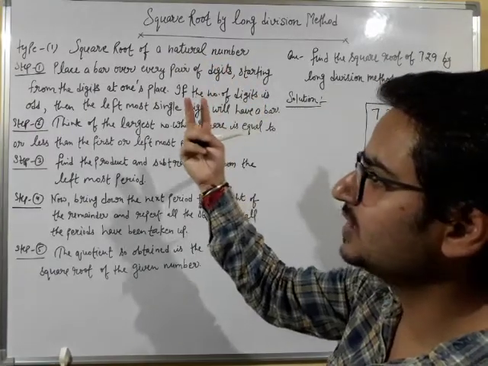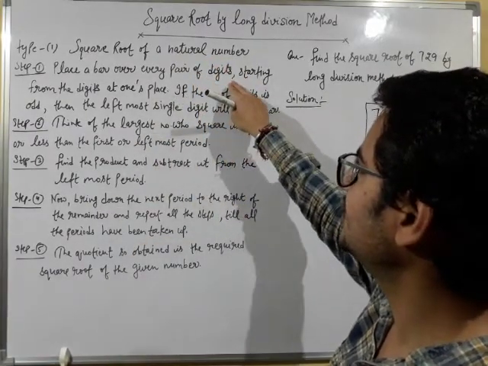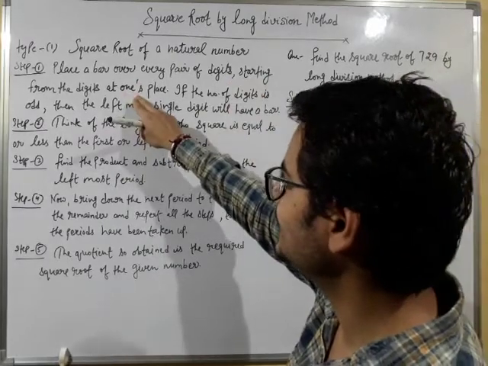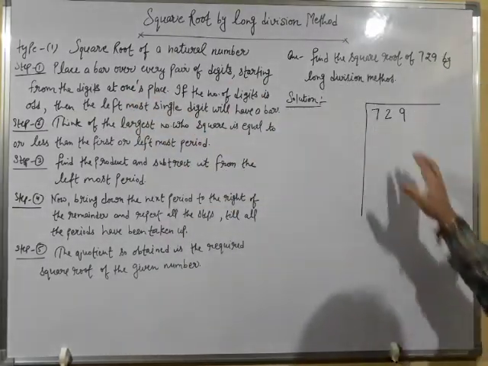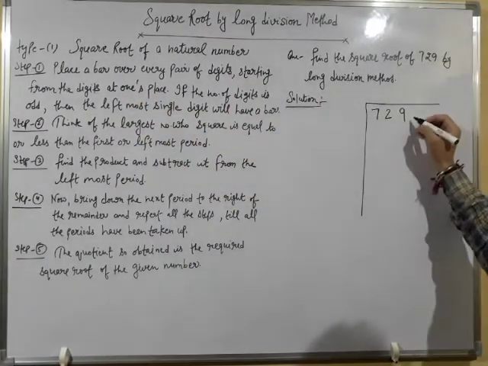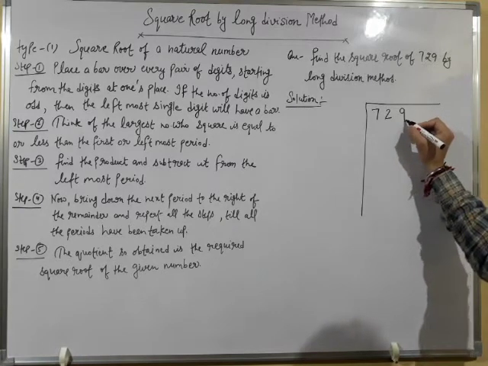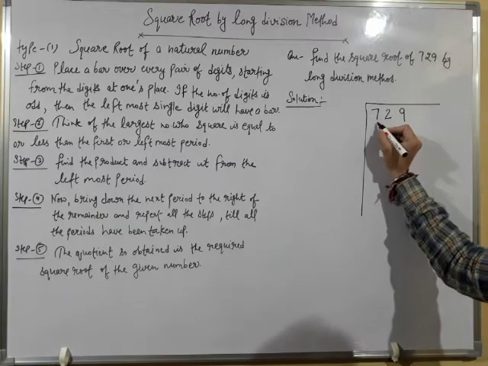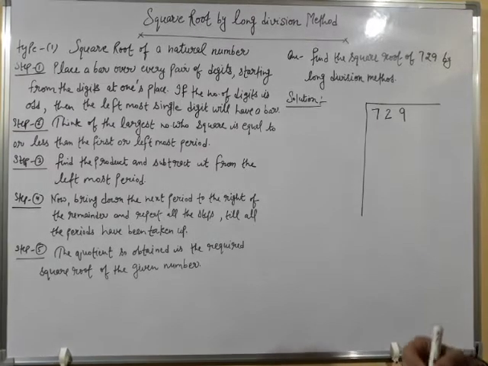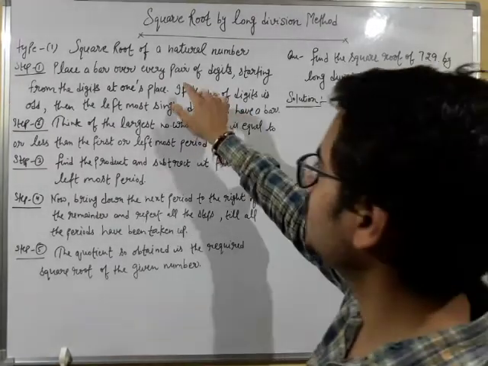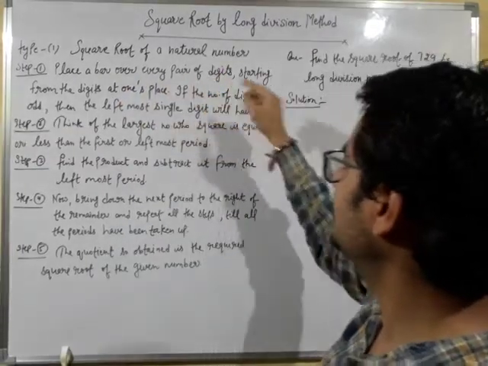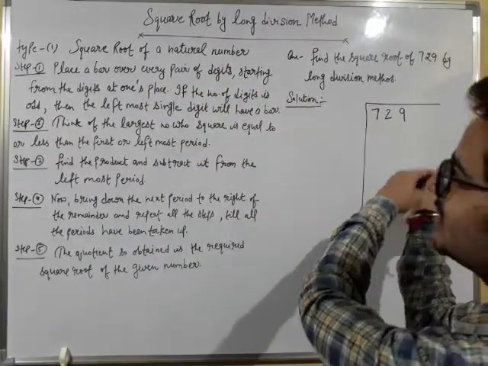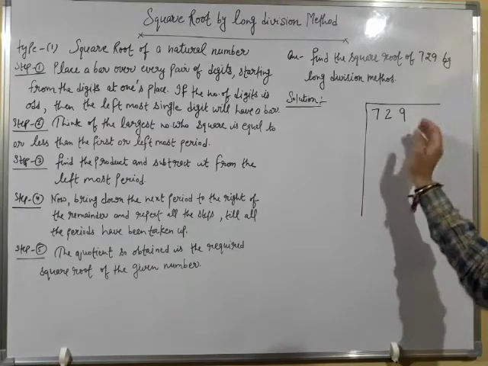Pair means two digits, starting from the digits at the ones place. In 729, this is your ones place, 9, this is your tens place, 2, this is your hundreds place, 7. So we have to put a bar over every pair of digits starting from the ones place, or from the right.